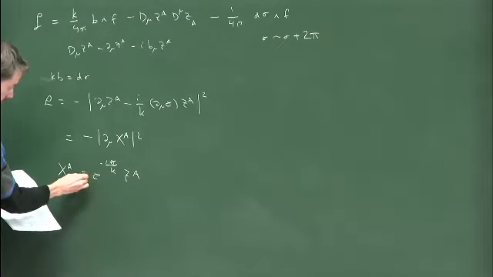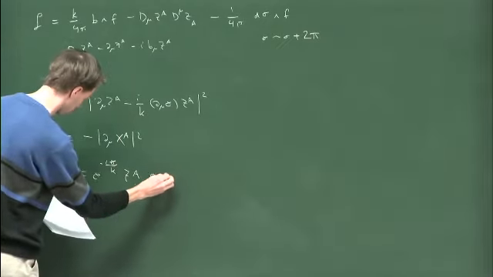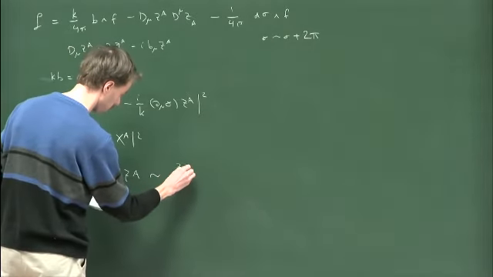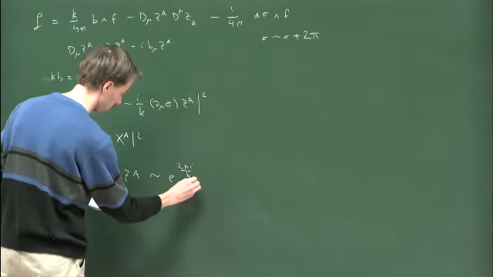Since σ is 2π periodic, this is identified with exponent 2πi divided by k times X^A.